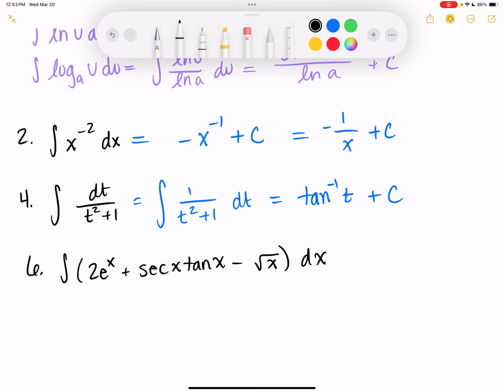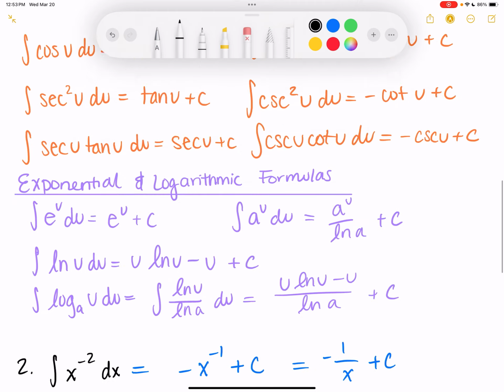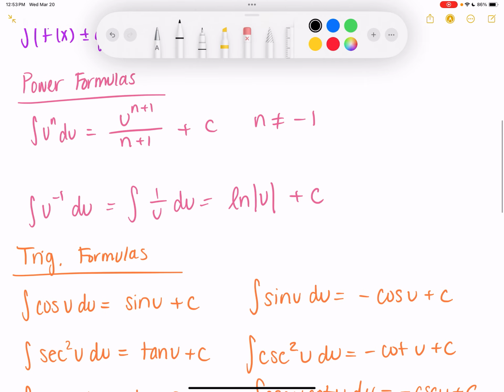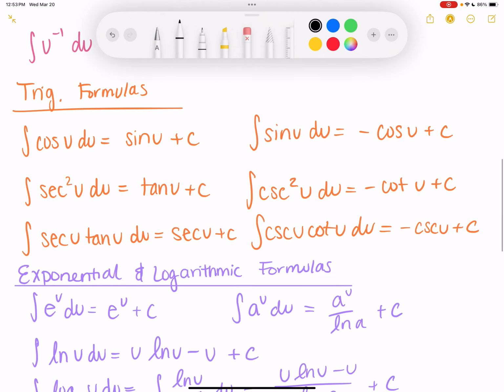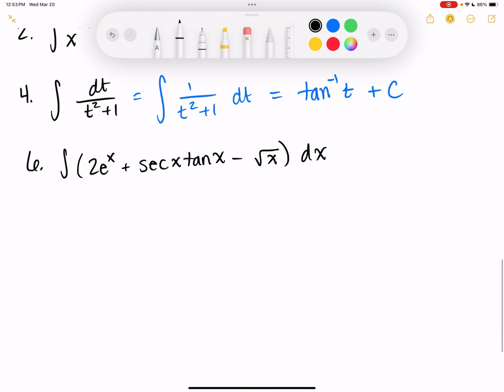So with this one, we could just work through and do all the pieces at one time, or we can use the property here and split them into separate ones if you want to. This one's not too bad, so we can probably just leave it, but if y'all want to split it, we can. It's just more writing. Or just leave it. Yeah.